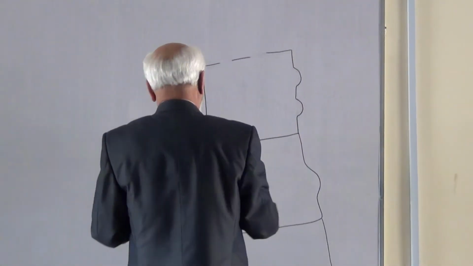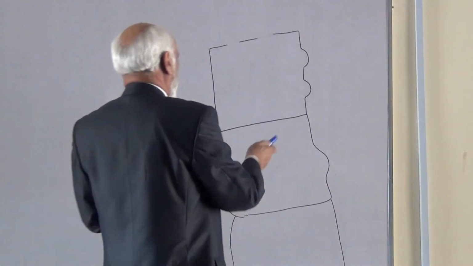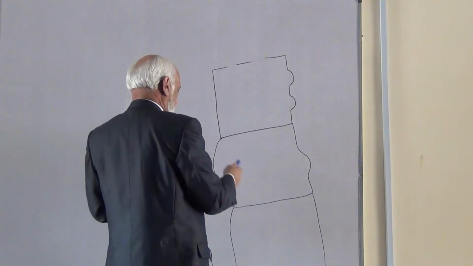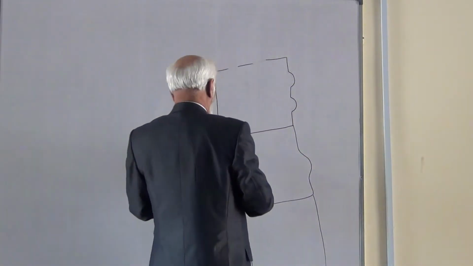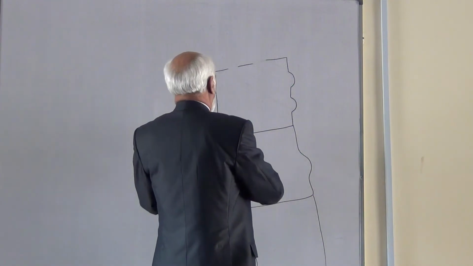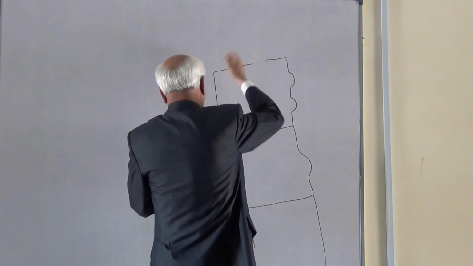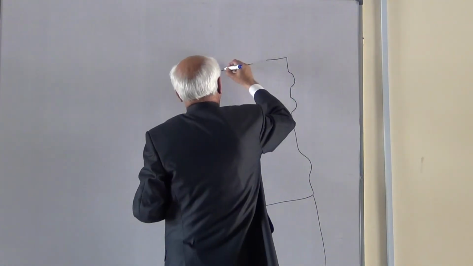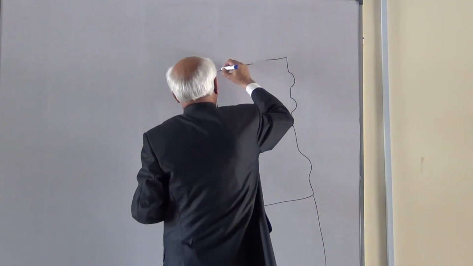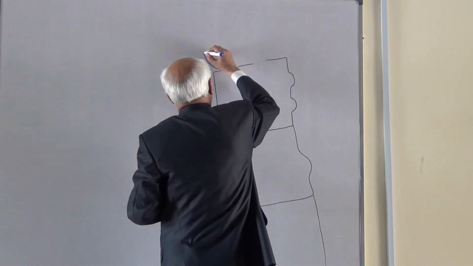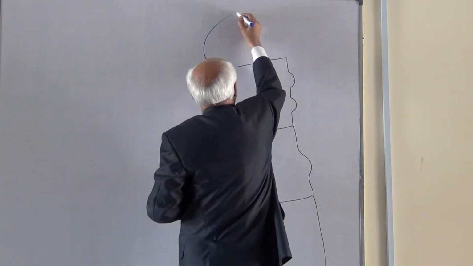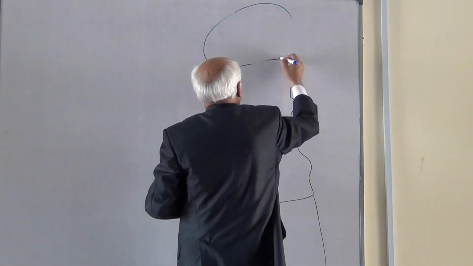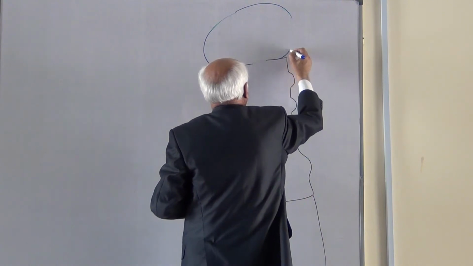Now, lateral view of the brainstem: midbrain, pons, and medulla oblongata. Just above is the thalamus. Now, in this diagram, suppose we have dissected the diencephalon and cerebrum, and only the thalamus is drawn here.